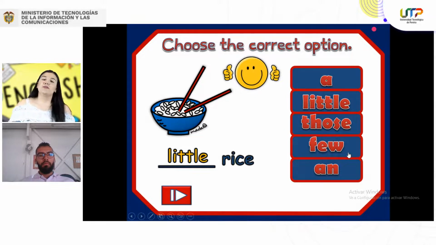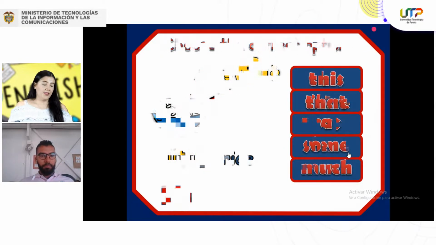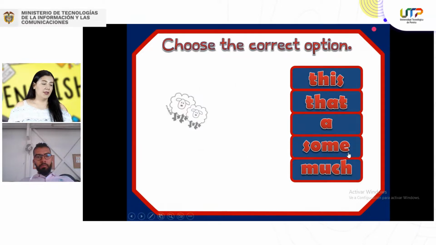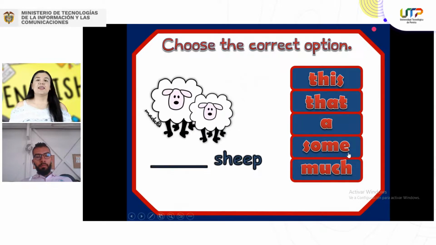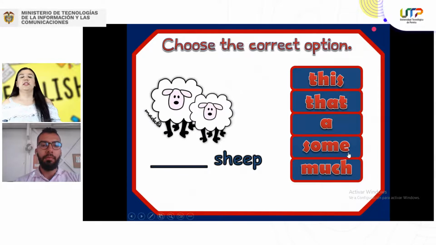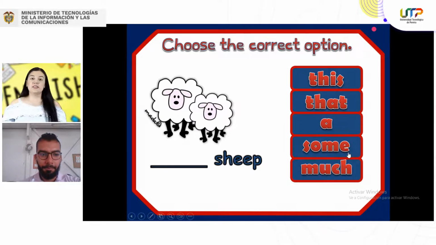The last one, el último ejercicio de quantifiers. Vamos a ver. En este caso, sheep. Look, in this case, we got 2. Look at the picture. 2 different sheep.